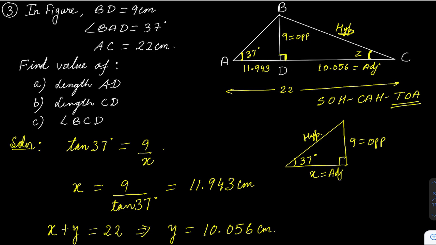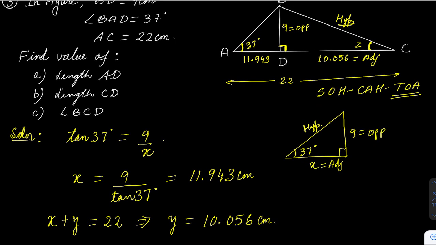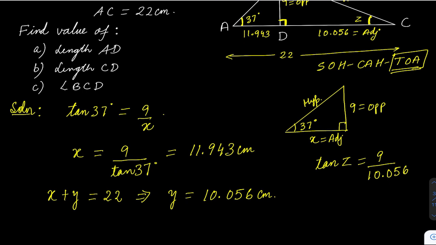So as a reminder, you can remember this. So again, opposite adjacent, that is covered in tangent. So I can write tan of z is equal to 9 divided by 10.056. So from this, we know z will be equal to tan inverse or arctan, whichever you want to use.